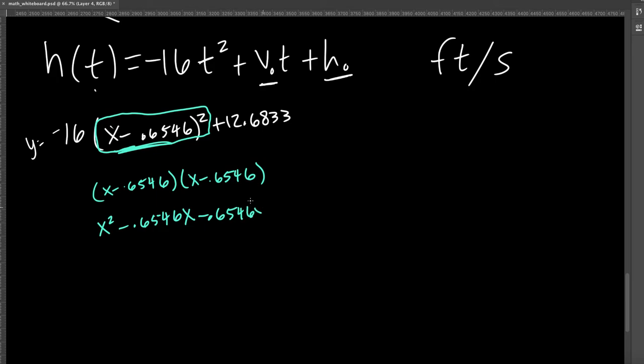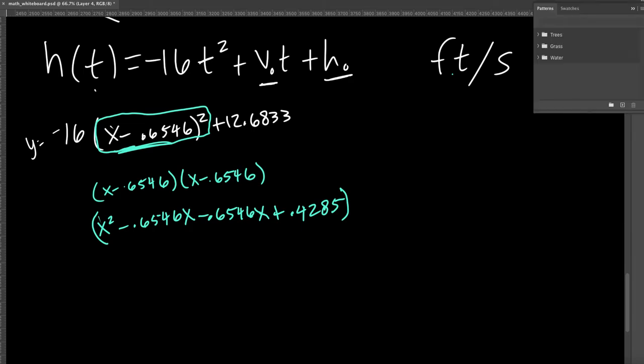And then if I do negative 0.6546 times negative 0.6546, it's going to be a positive answer, and I get 0.4285. So definitely use a calculator. Now, I have all of that, and that just represents the blue part in the box.